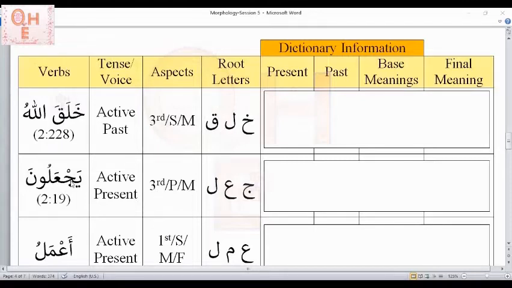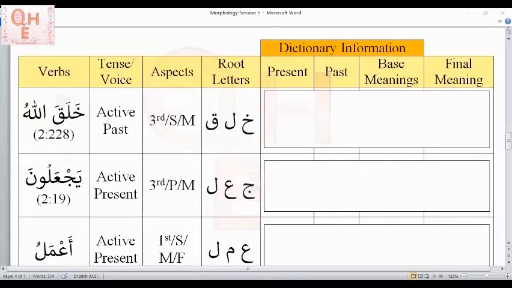So for this word, the prefix and the suffix match with third person plural male. Okay. So if I exclude the prefix and the suffix, what are the root letters? Jim, Ain, Lam. Let's make a note of these root letters in our notebook, inshallah.